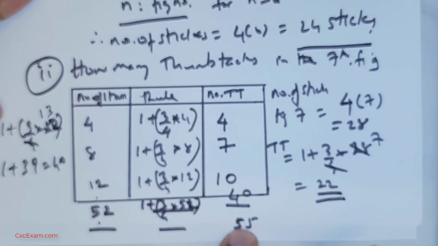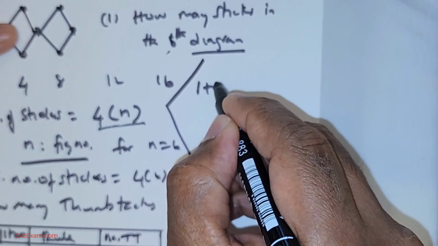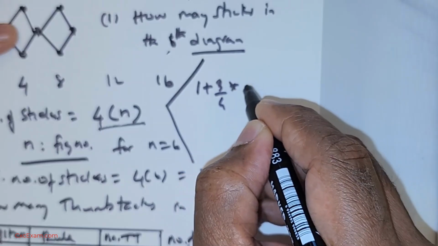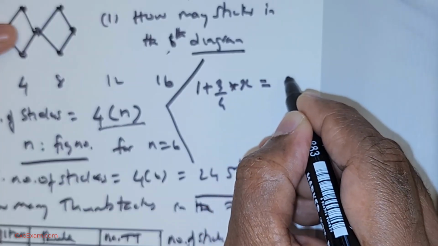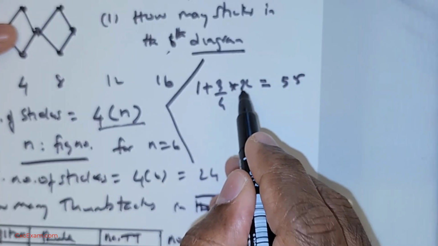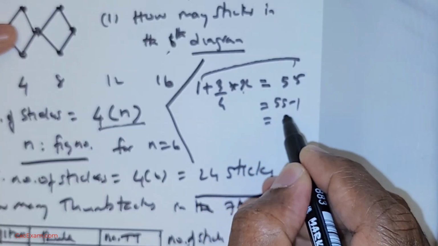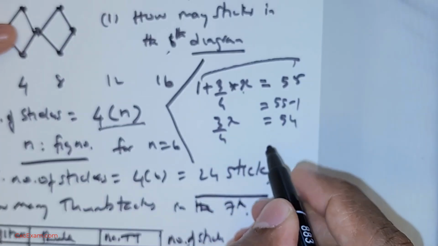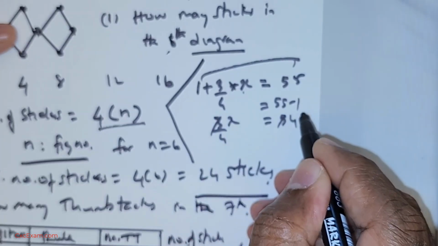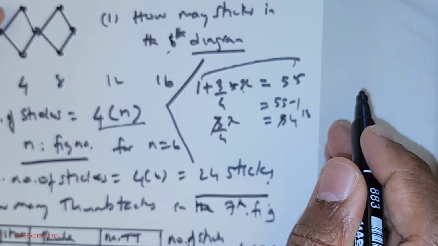Now I have been given 55. I need to know these values. So how do I get that? So let me write down: 1 plus 3 over 4 times some x is equal to 55. So I need to get the value of x. Push the 1 to the other side. You get 55 minus 1, which is nothing but 54. So I got 3 over 4 times x is equal to 54. Now 3 divides 54 how many times? 18 times, since 8 3s are 24.